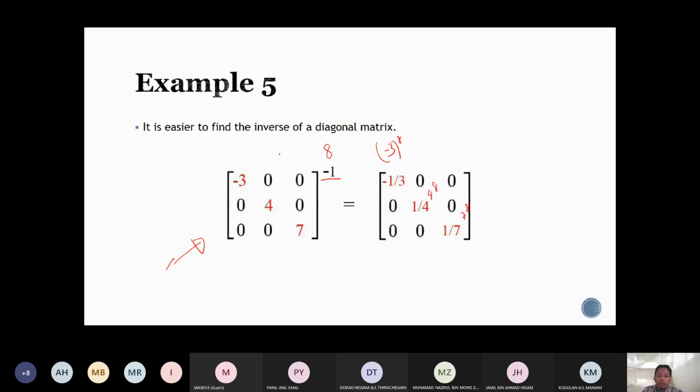Okay, you can directly power them. But if you have one element here equal to a number not equal to 0, then you have to do something else. You cannot directly power it. Okay, so you can power the elements if they are on the diagonal, or your matrix is a diagonal matrix.